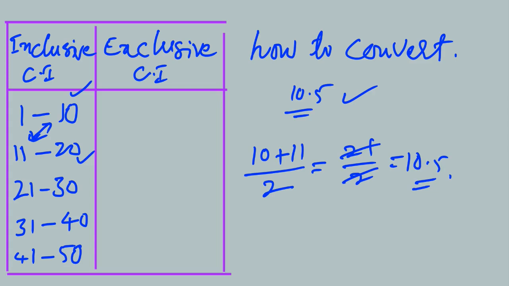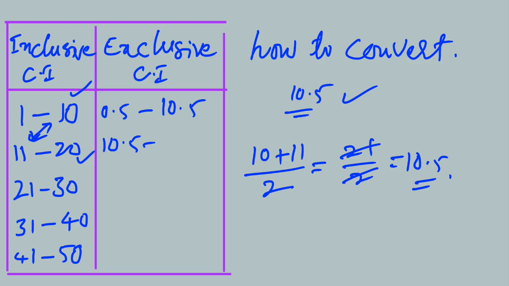That 10.5 we write here, and the same 10.5 we write here also. For the lower limit, we can start from 0.5, because the average of 0 and 1 is 0.5.